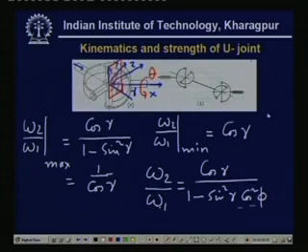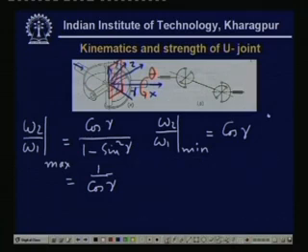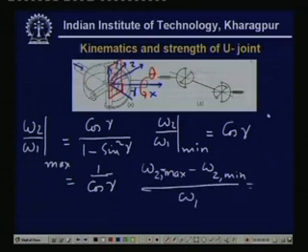The relative change in the angular velocity can be written this way. So, relative change, that is omega 2 max minus omega 2 min divided by omega 1, this is the maximum change, and that you can prove to be 1 by cosine gamma minus cosine gamma, which with a little trigonometric manipulation you get is sine gamma times tangent gamma.